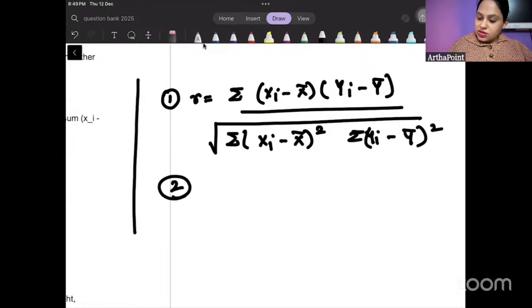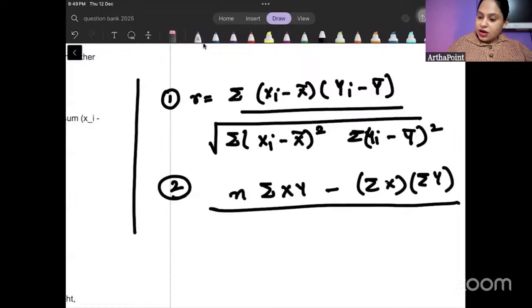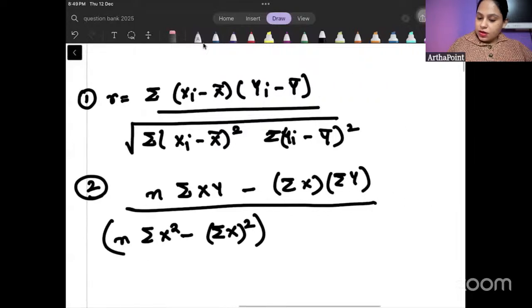Another way to write this down. R is equal to n summation xy minus summation x summation y, upon under root of n summation x square minus summation x whole square, times n summation y square minus summation y whole square.